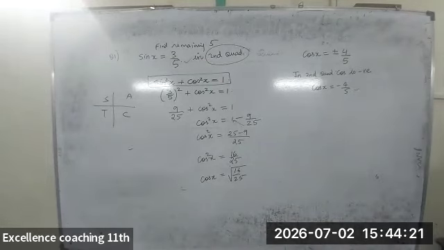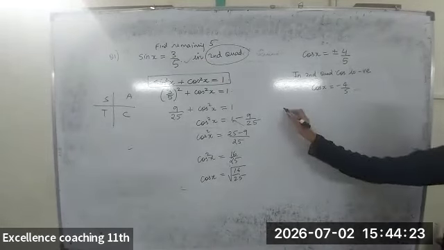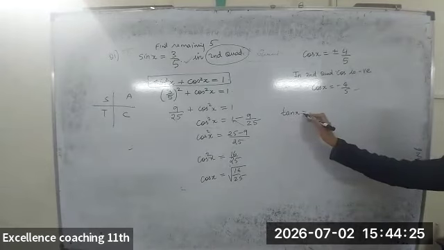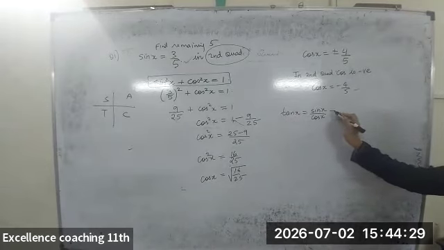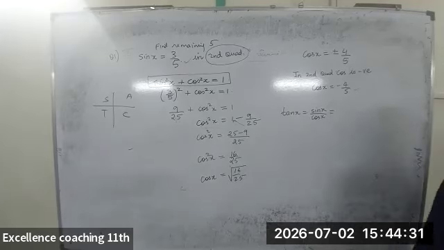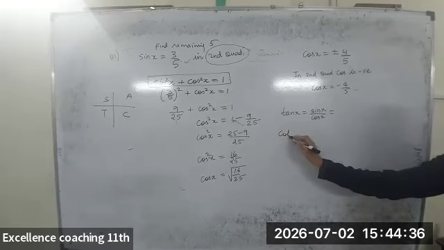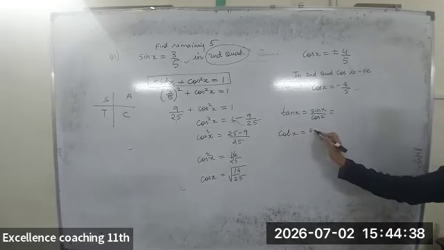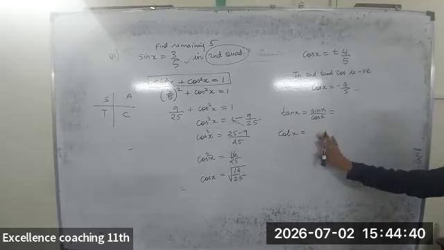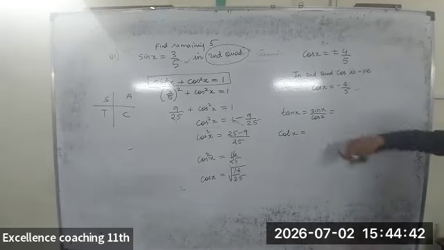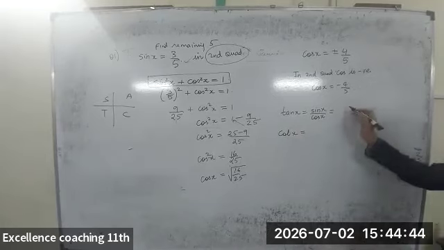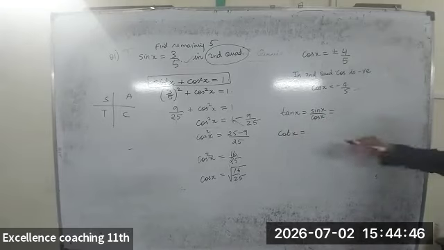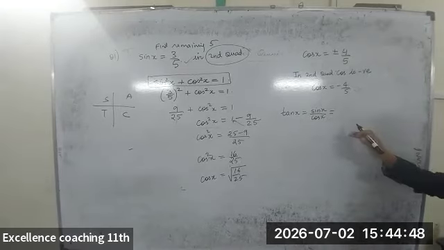Now start finding the remaining ones. So you can find tan, sine answer upon cos answer. Then you can find cot. You can make it ulta also, cos x upon sine x, or directly you can make reciprocal also. So first sine, cos and tan I'm finding.